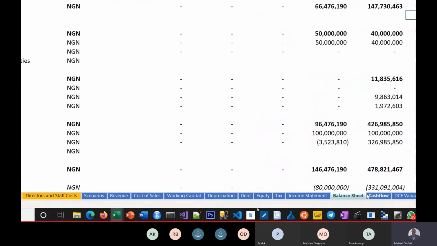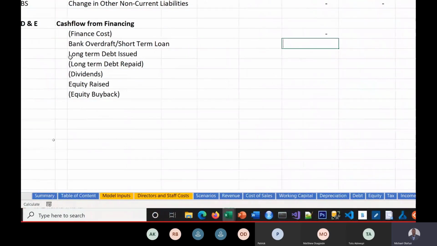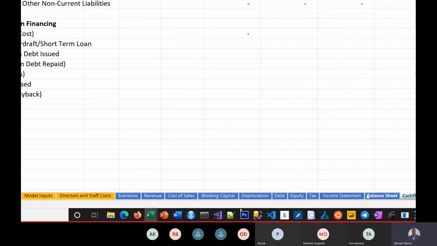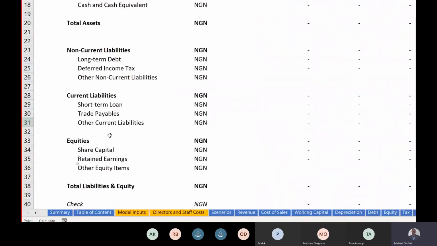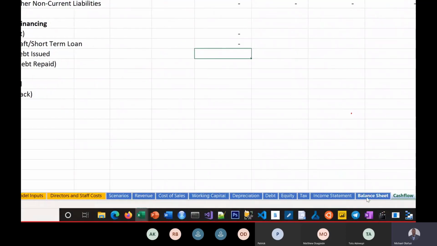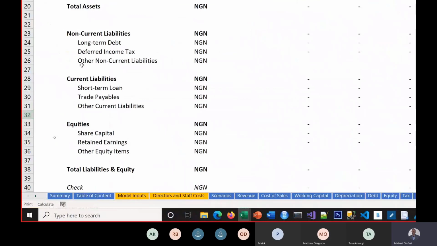So I recreate the formula: for short-term loan, go to the balance sheet and pick the short-term loan. Similarly for long-term debt issued, I go to the balance sheet and pick the long-term debt.